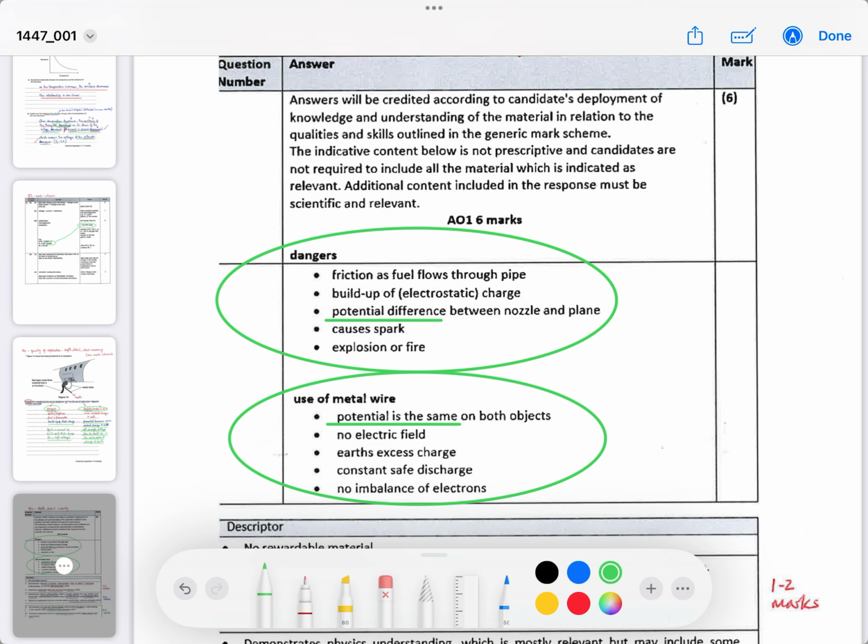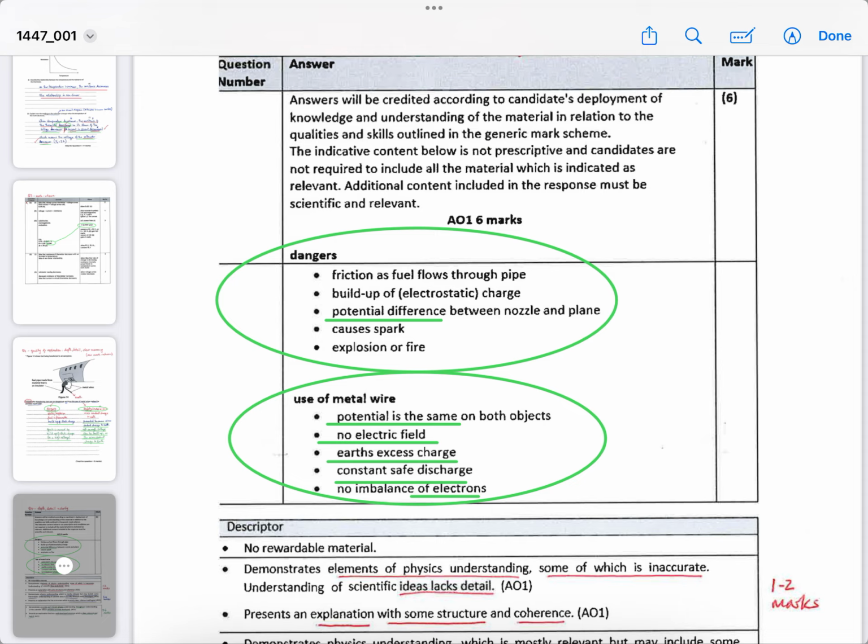So if you don't have a potential difference, you basically have no electric field for it to create a spark, because the excess charge has been earthed, and it has a constant ability to discharge safely to earth. Yeah, you won't end up with an imbalance of charge, or in this case you could mention electrons. Okay, so I hope that makes sense.